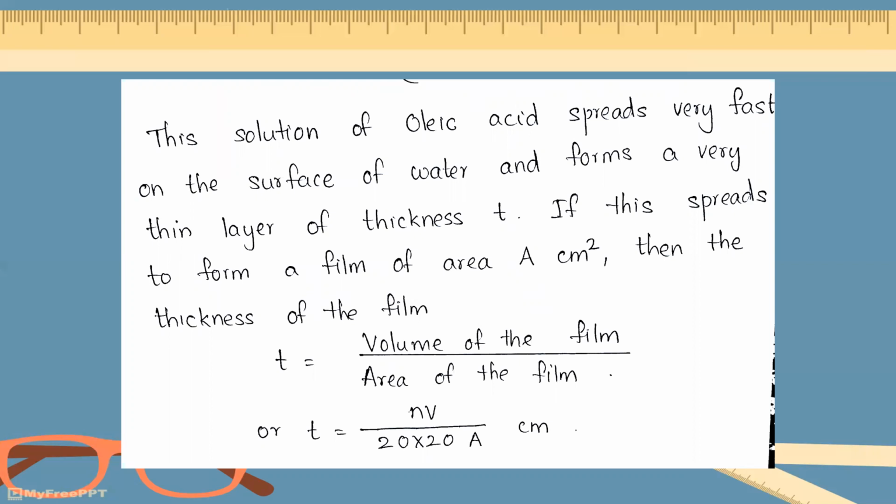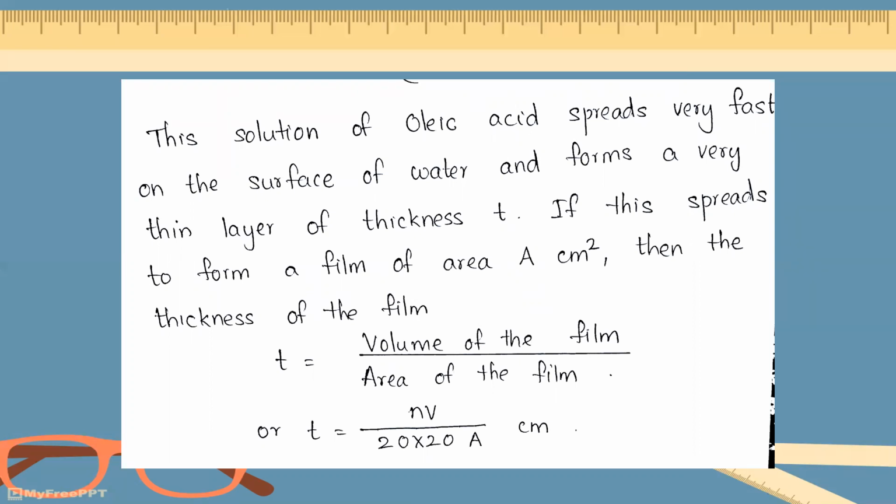That's enough. We got the thickness of the film. So this solution of oleic acid spreads very easily and very fast on the surface of the water, and it has formed a thin layer. I already told you the thickness of that layer is nothing but the size of the molecule.